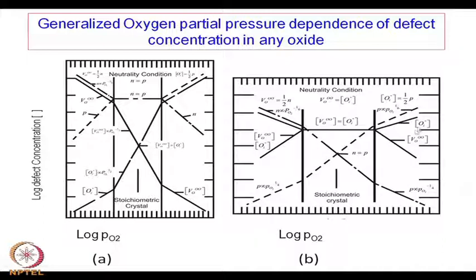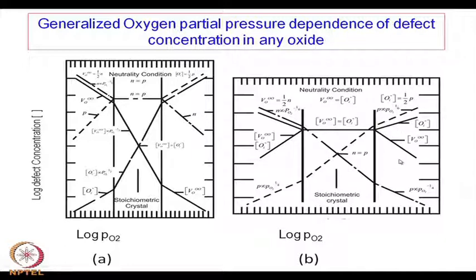Those regions may or may not be attained, but it all depends on which particular region the material has been equilibrated in, with respect to this diagram, and where exactly the atmospheric pressure lies. The atmospheric oxygen partial pressure for some oxides may be here, for another oxide it may be there.